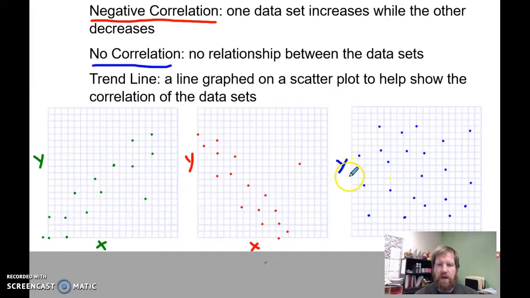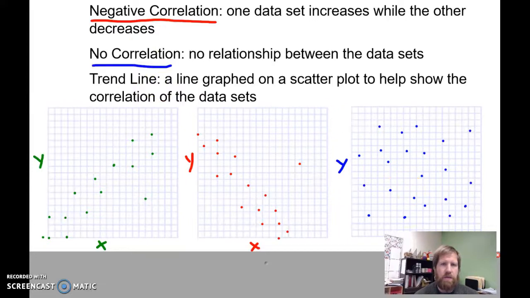From this point to this point, my x value increases while my y decreases a lot. But I also have places where from this point to this point, both of my values increase. So there's not a consistent positive or negative slope or correlation, so there's no correlation.